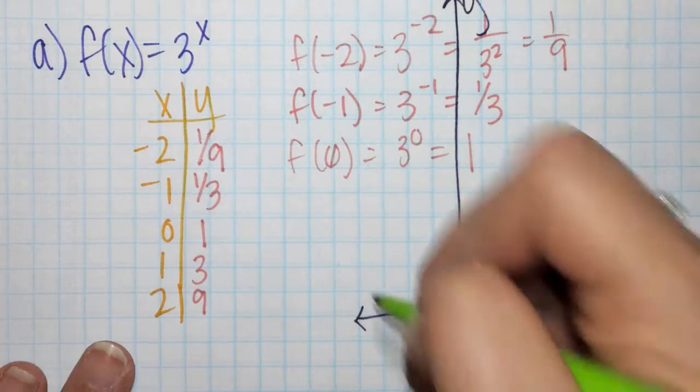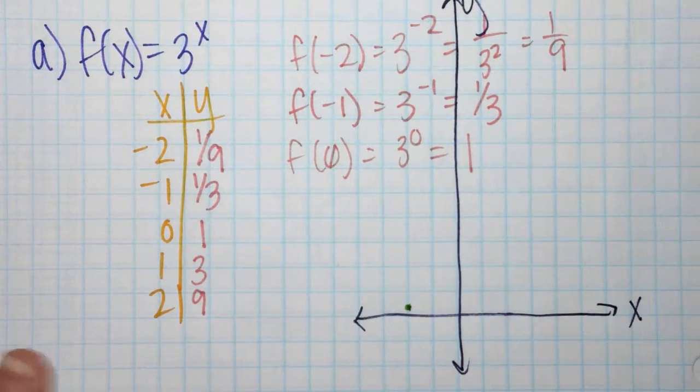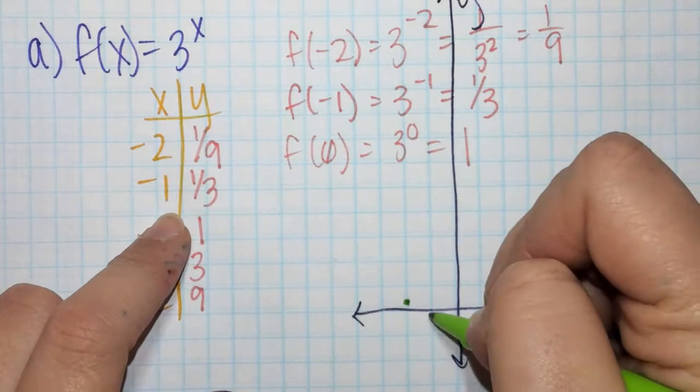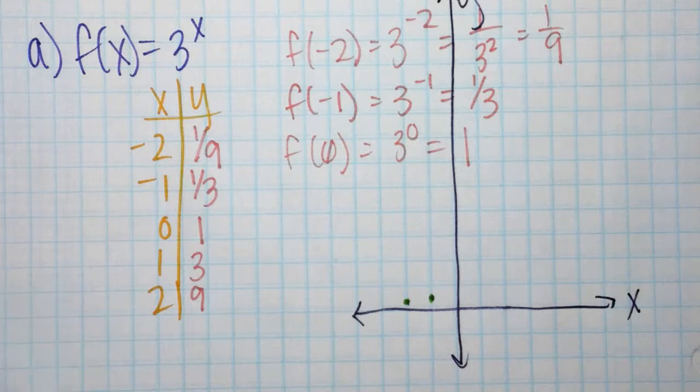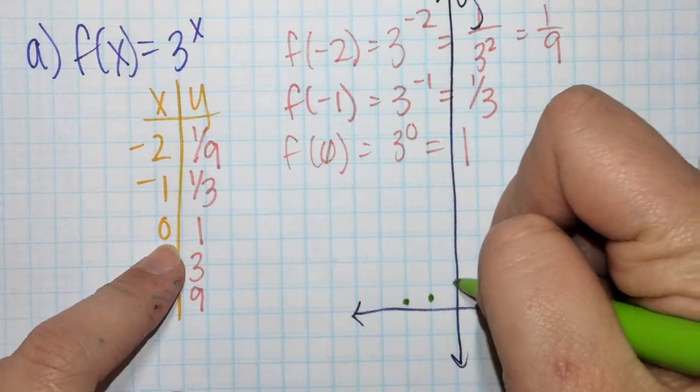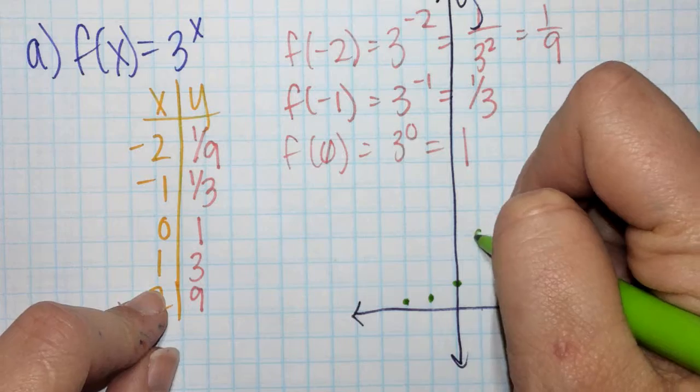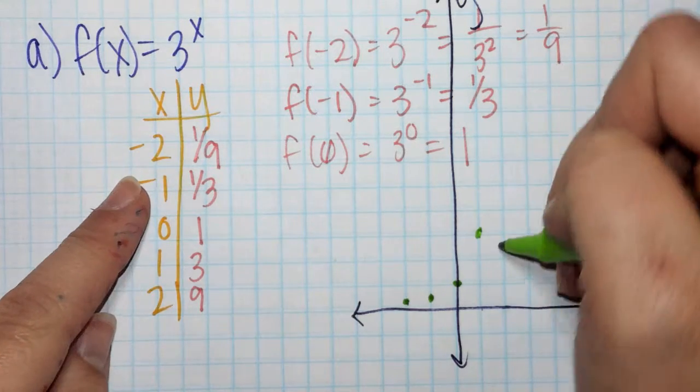There's our point. That's -2 and 1/9. -1 and 1/3, you go left 1, up a little bit more. If it was 1/2, you would go right to the middle, but we don't have 1/2 here. 0, 1, you just go up 1. 1, 3, right 1, up 3. 2, 9, right 2, up 9.